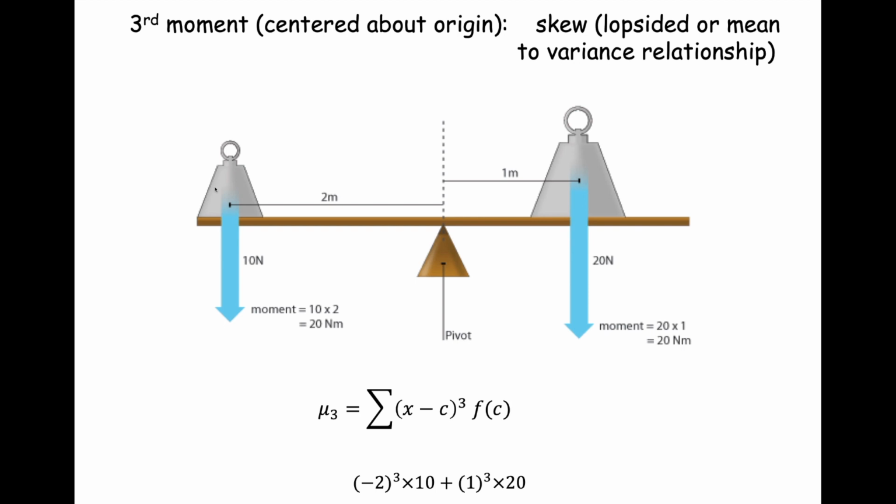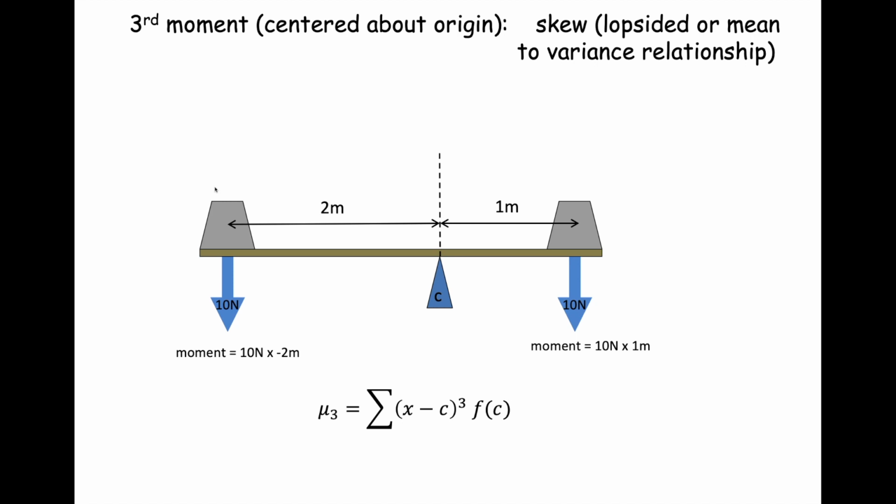If we take a look at another example, let's now put 10 newtons at 1 meter away from the balance point, the center, and here's 10 newtons at 2 meters away. So let's take a look at this skewness.